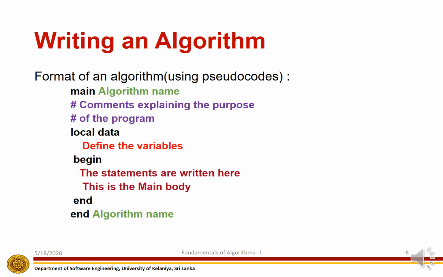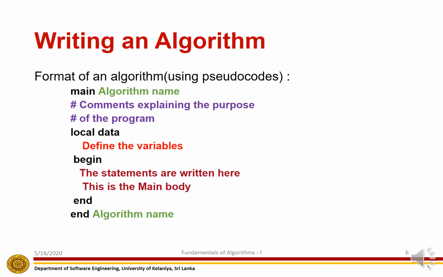And here I have given the format in which we can write algorithms using pseudocode. First, we write main, the keyword, and the name of the algorithm. After that, we use the hash symbol to indicate comments.